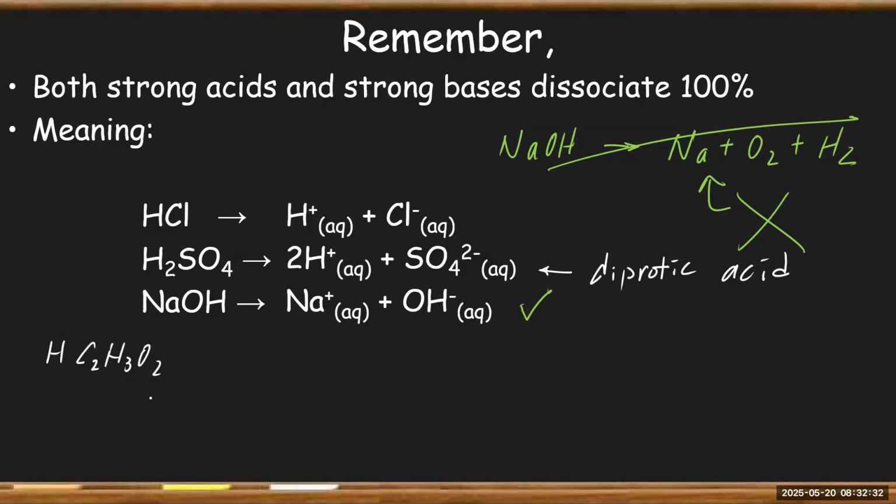Acetic acid is HC2H3O2, and this is also known as ethanoic acid in your reference table. The acetate ion on Table E is C2H3O2 minus, and acetic acid is HC2H3O2, or ethanoic acid.